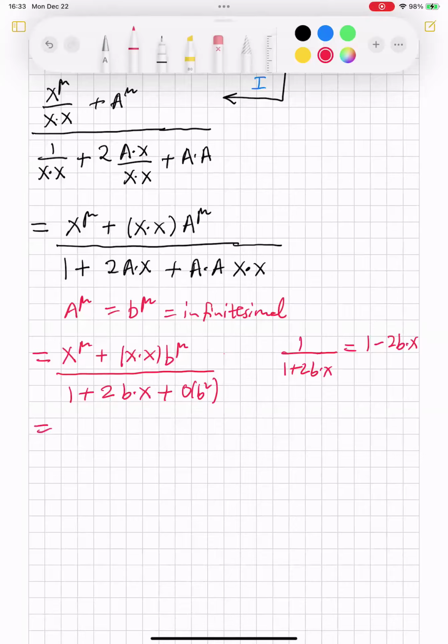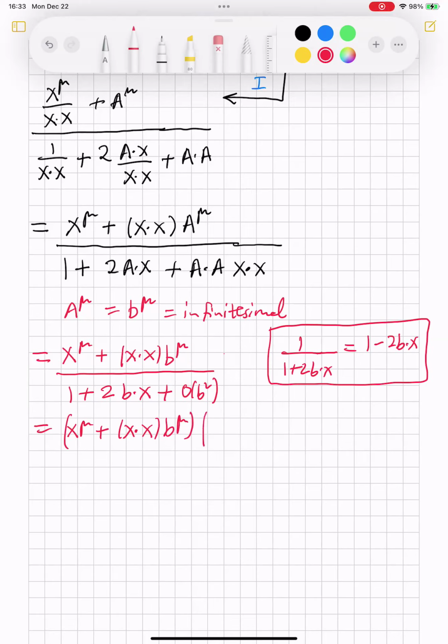So I'm going to use this formula now to write x mu plus x dot x b mu, and then 1 over that denominator. Now I use the formula in the box. This will be 1 minus 2 b dot x. And in this formula, of course, I'm dropping all of the terms of order b squared.